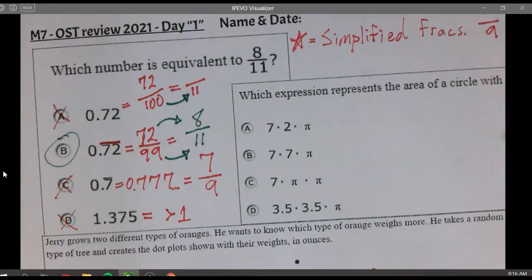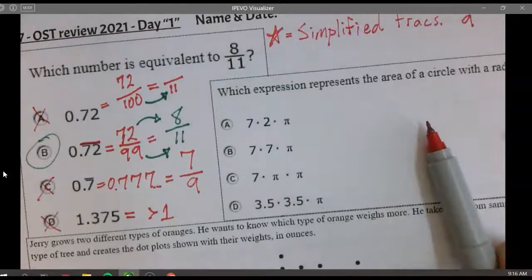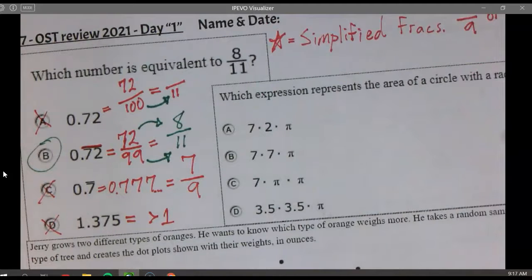Any other questions on that one? Because I want you to try the next one on your own, this circle problem right here to the side. Highlight what you think is important there.